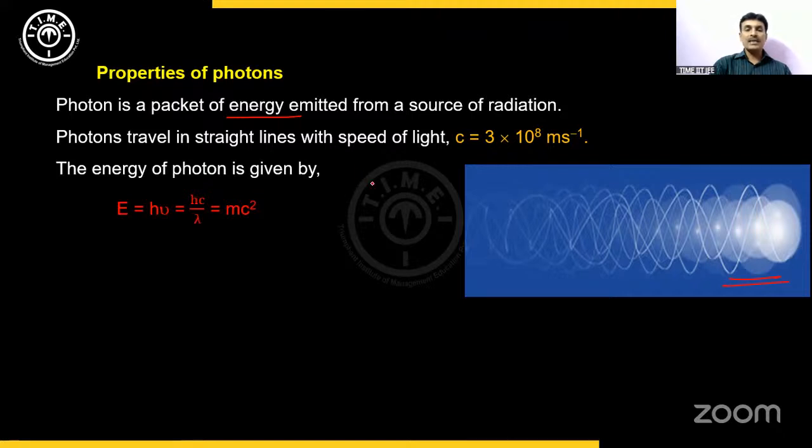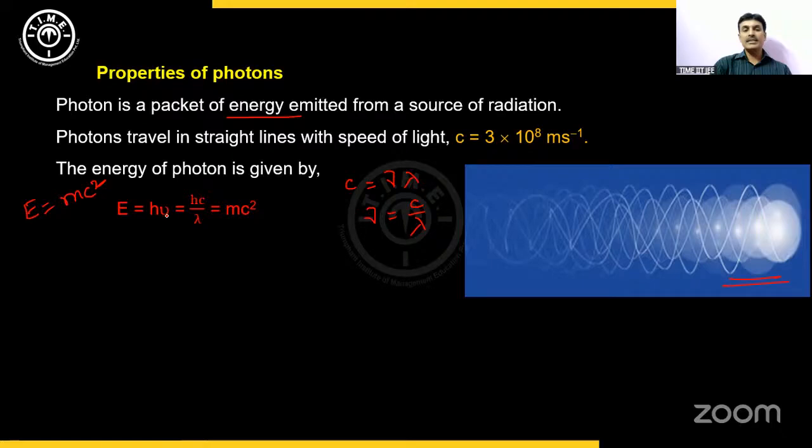And we have the relation c is equal to nu into lambda. So we can write nu as c by lambda. That's how h nu becomes hc by lambda. Also, from Einstein's mass energy equivalence, we have E is equal to mc square.